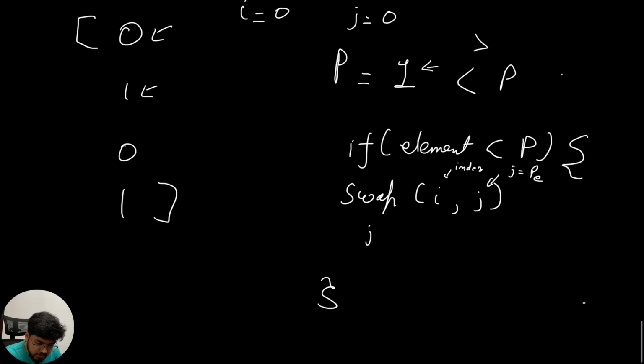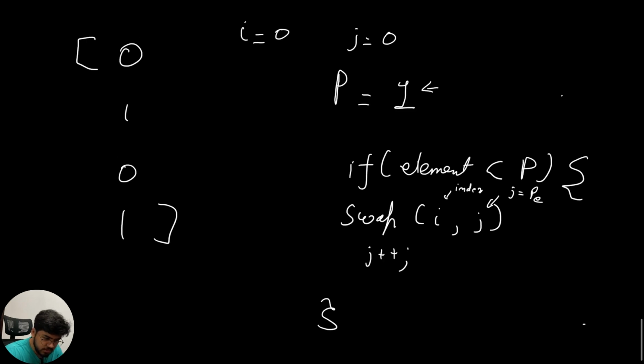Okay, and then I will increase j. Now let's try running this loop and see how it will work. So now we have i as 0, j as 0, and pivot as 1.